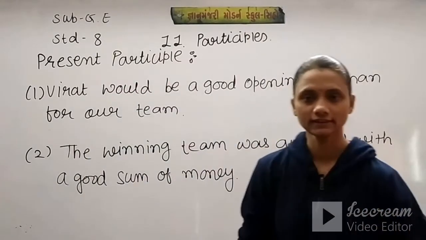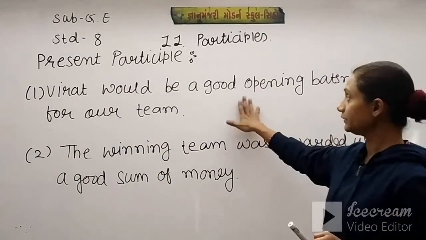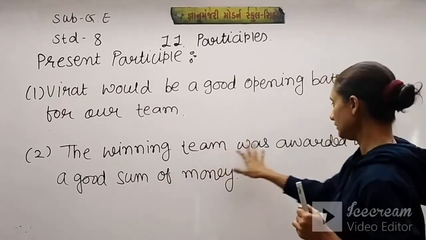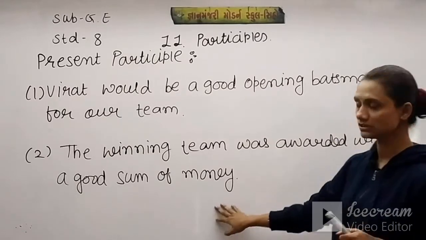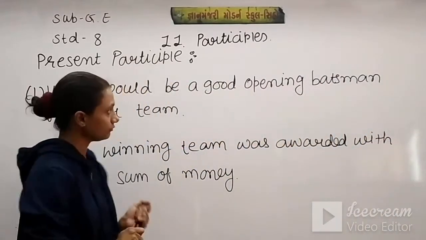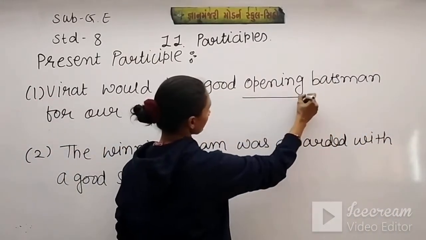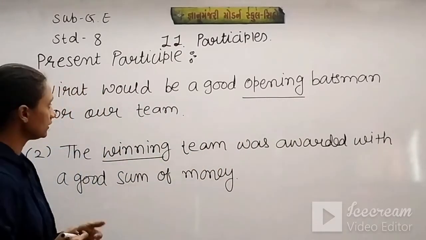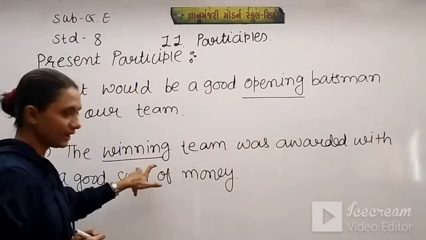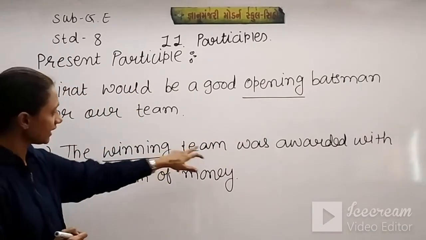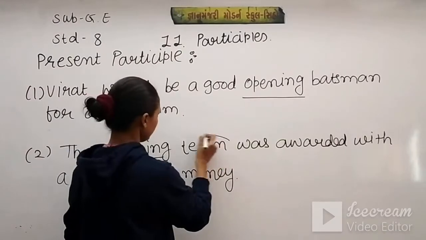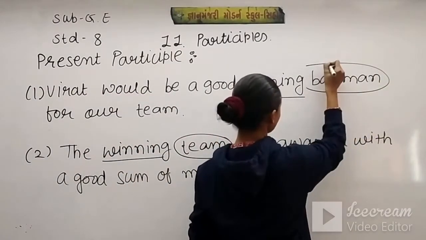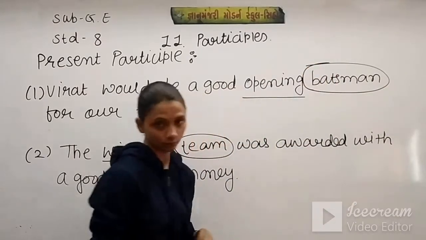Here are two sentences written. Virat would be a good opening batsman for our team. The winning team was awarded with a good sum of money. So here we have present participles: opening and winning. Now you can see, student, both opening and winning modify batsman and team, and these both are nouns.